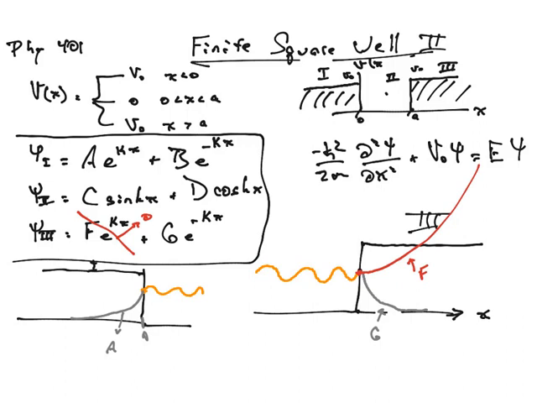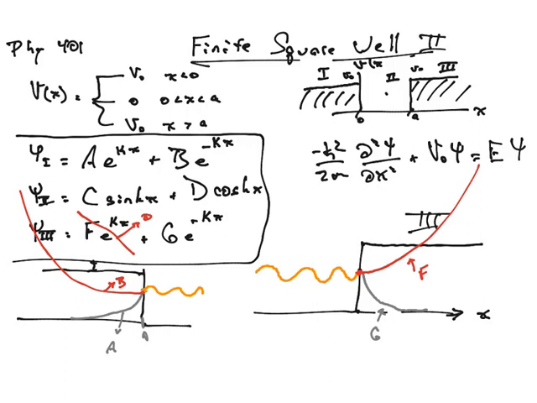Whereas the b term, e to the minus kappa x, when we stick negative x's in, the negatives cancel and we get exponential growth. So he shoots off to infinity like that. That's the b term. And likewise with region 3, if we look infinitely far to the left, to negative infinity, our wave function again has to go to 0.